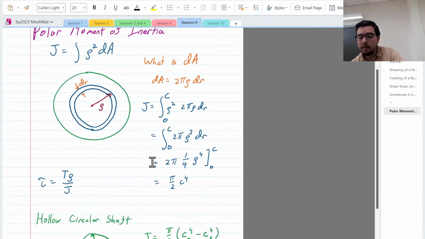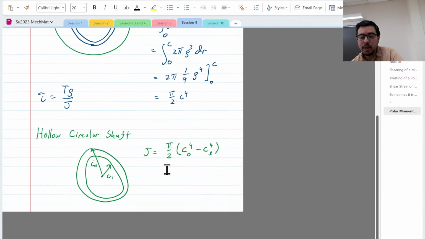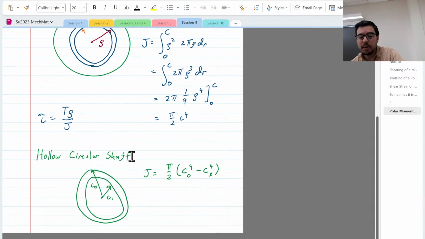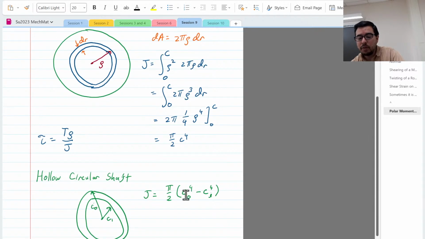This is just a dr, we can do this integration. We can also calculate it for a hollow circular shaft, essentially by taking the difference between a solid one and another solid one inside and removed.